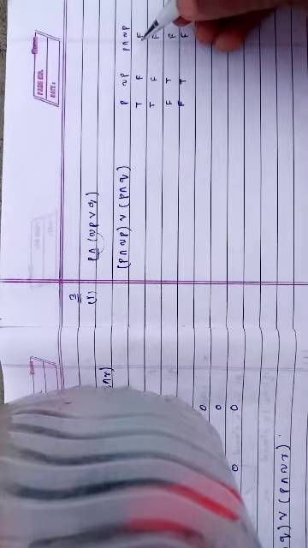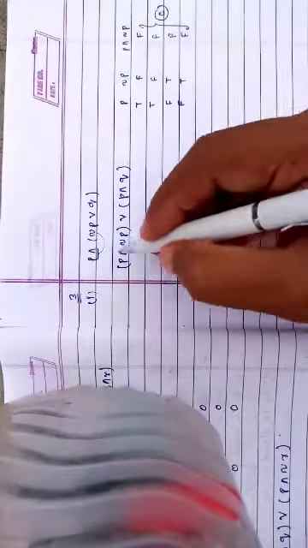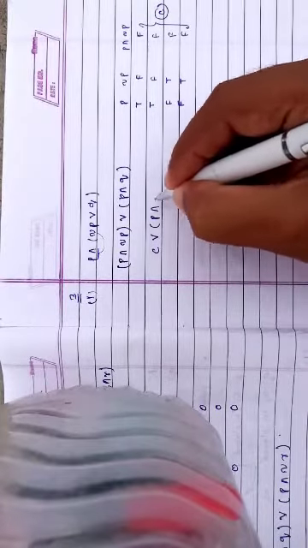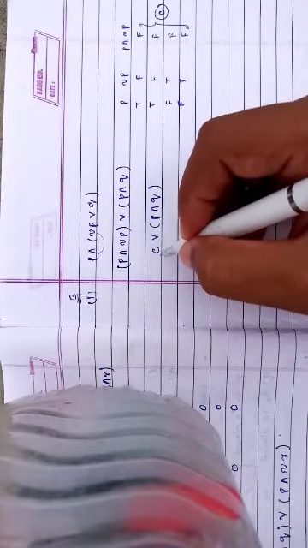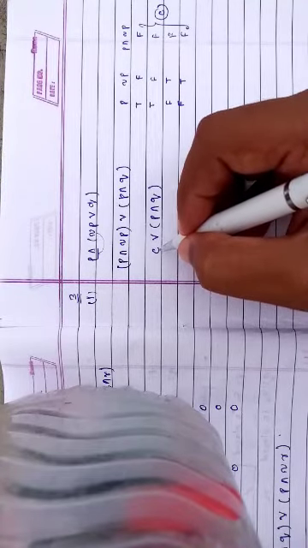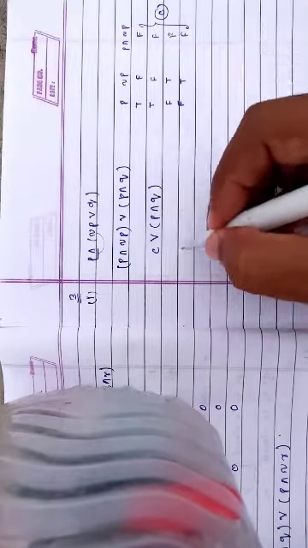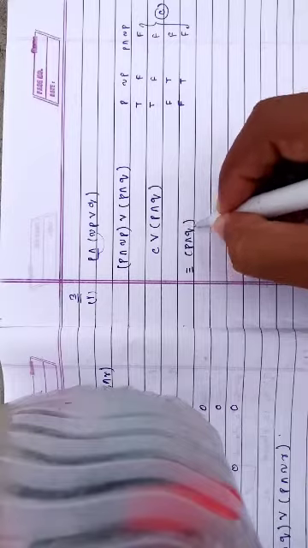We know that if all the statements are false, this is said to be a contradiction, that is C. So this part will become C or P and Q, and we know that when a contradiction is connected in OR with a statement, it will give you only the statement, that is P and Q.